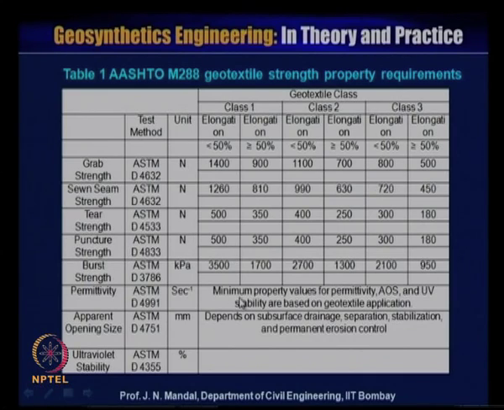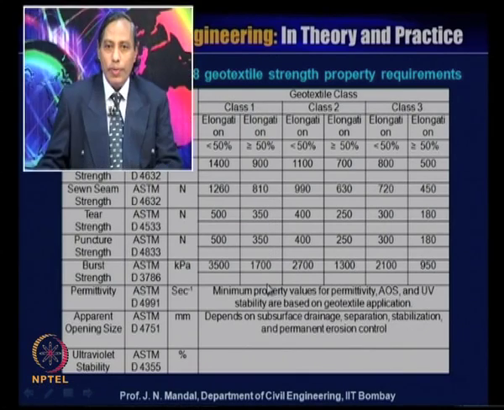And you also have to determine the permittivity, apparent opening size and ultraviolet stability. Now, if it is greater than 50%, these are the values: 900, 810, 350, 350 and 1700.